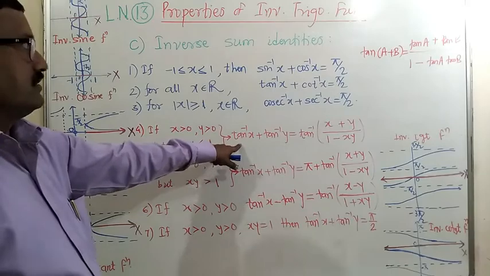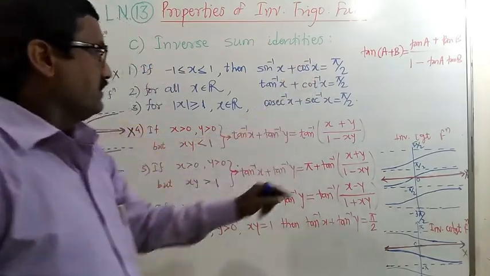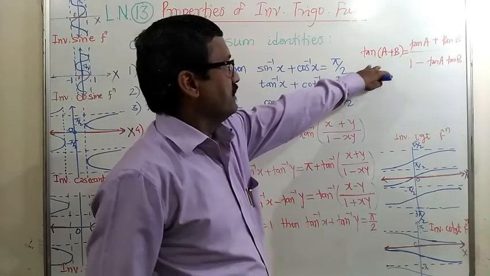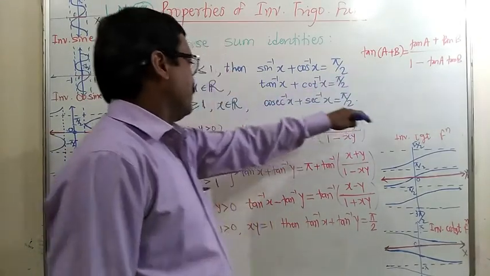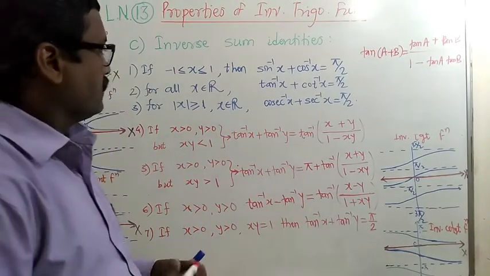Considering tan inverse x equal to a and tan inverse y equal to b, and applying some properties, we will reach this formula, and taking the inverse function again, we will get this right hand side.